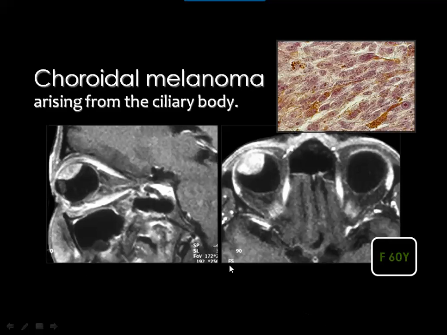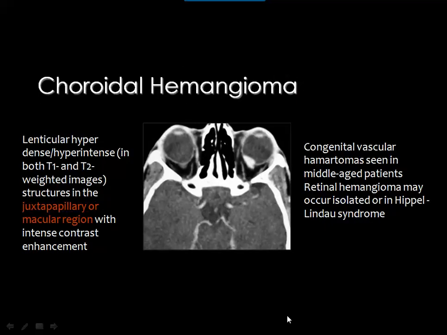Then this is the melanoma, and both contrast sagittal and axial T1 weighted images show an intensely enhancing mass inside the anterosuperior aspect of the right globe.